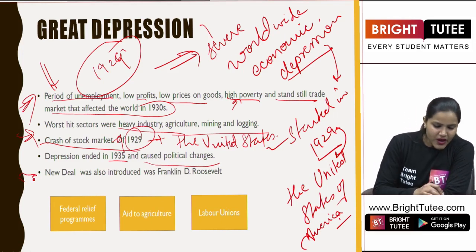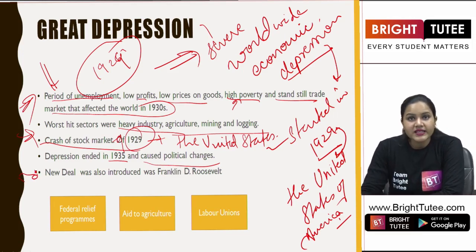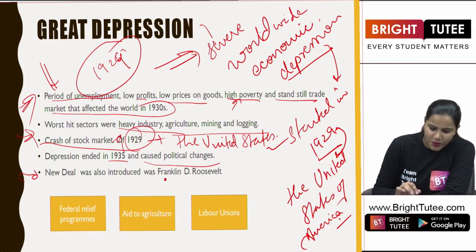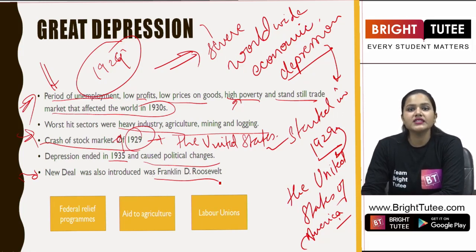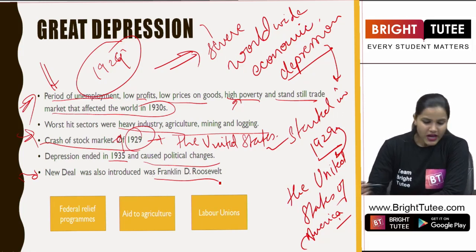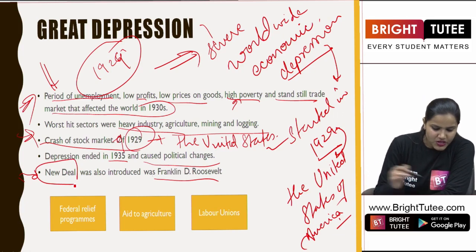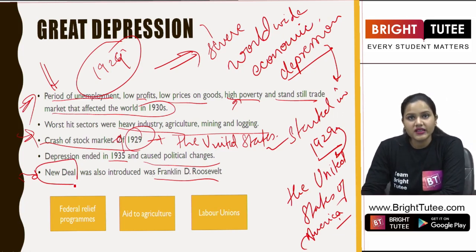Definitely, when we are talking about the United States, the then president, Franklin D. Roosevelt, introduced some new reforms in order to tackle the economic setback that was happening in his country. Therefore, he introduced some reforms known as the New Deal.